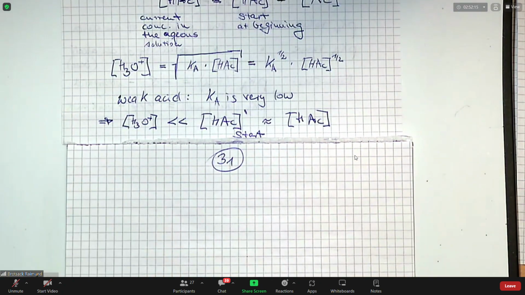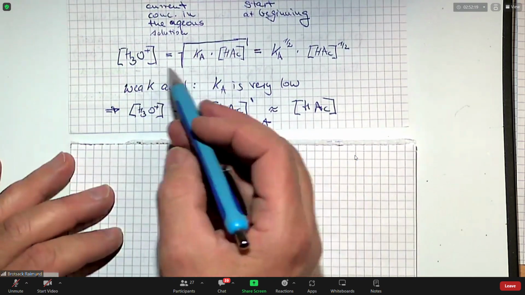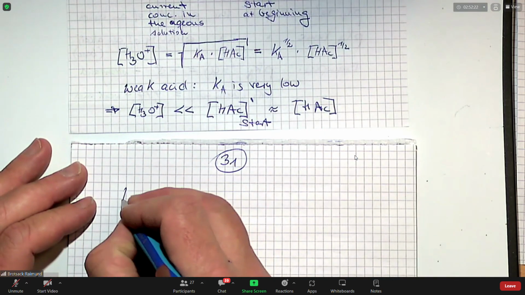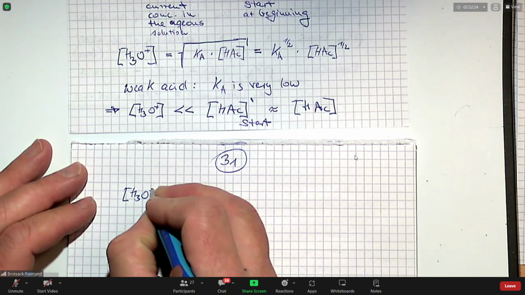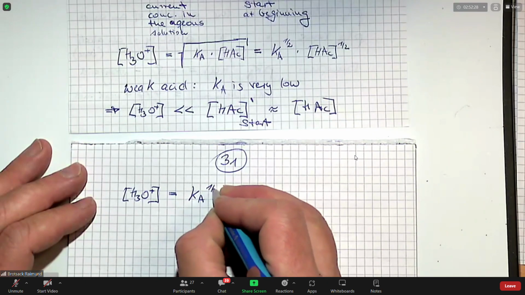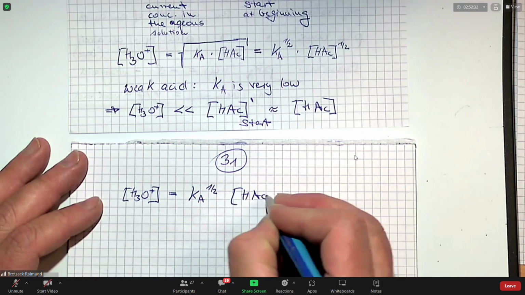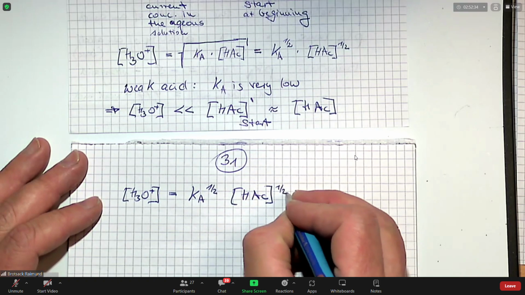So now we are prepared. So we have this one. Again, the H3O plus concentration is Ka to the power of a half times the HS current concentration to the power of a half.